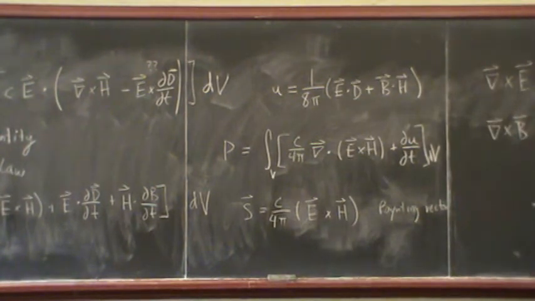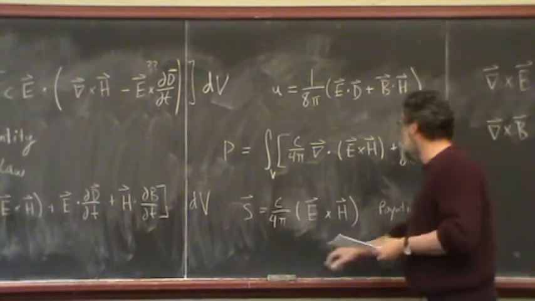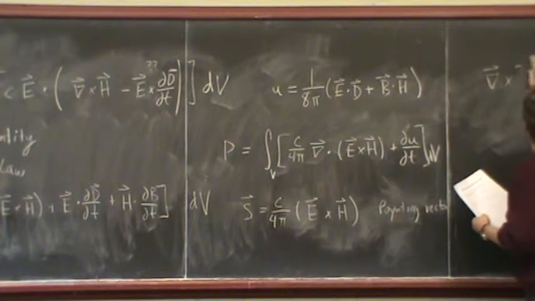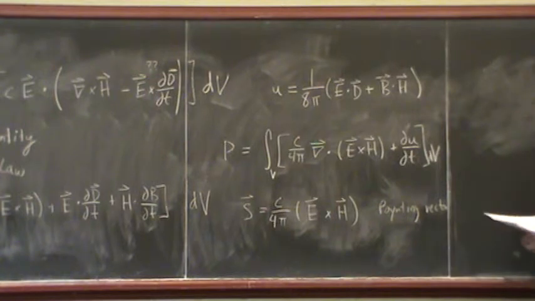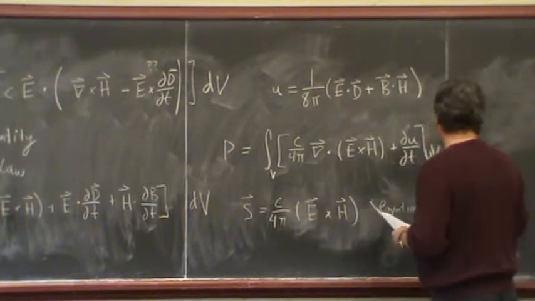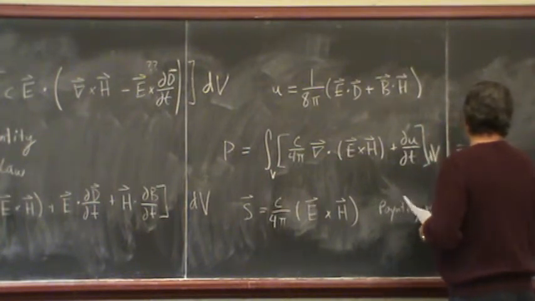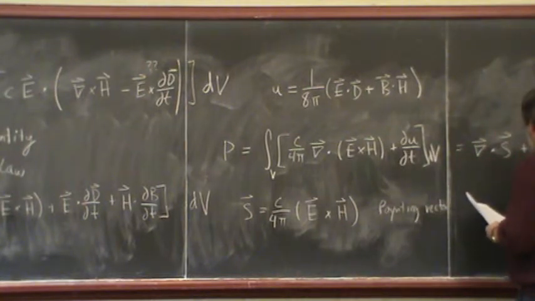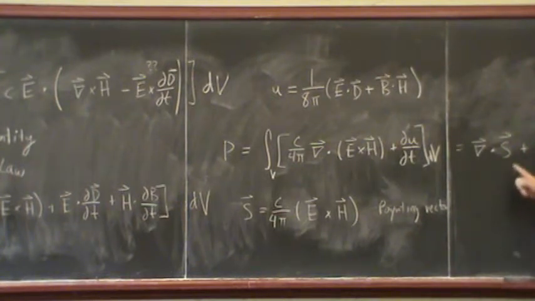So I end up with the power flowing out of a volume as the divergence of the Poynting vector plus du/dt. The Poynting vector has dimensions of intensity, power per unit area.